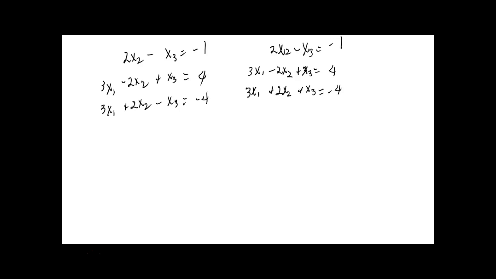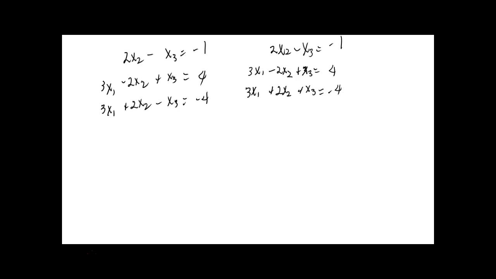Now, here's what you should be doing, and I think the author was really lazy here, but maybe it was on purpose. Look at the coefficient matrix: 0, 2, minus 1, 3, negative 2, 1, 3, 2, minus 1.